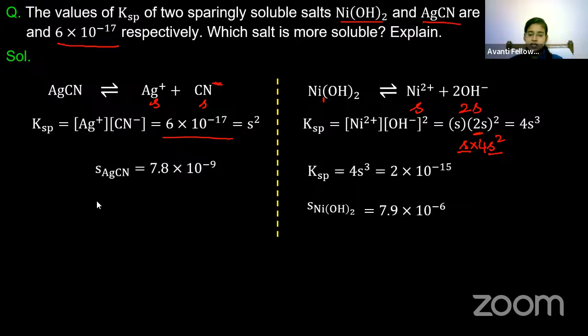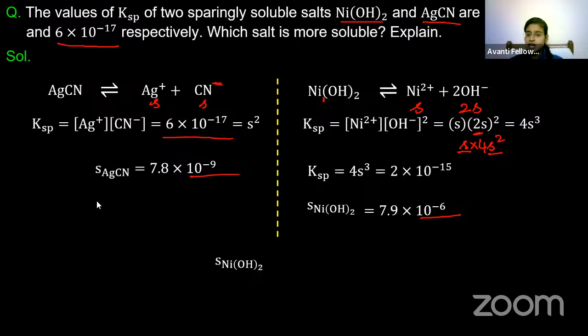Okay. So which is the bigger number, comparing the solubility of nickel hydroxide and the solubility of silver cyanide? Can you tell me? Solubility of nickel hydroxide is 7.9 into 10 to the power minus 6. And here it is 10 to the power minus 9.